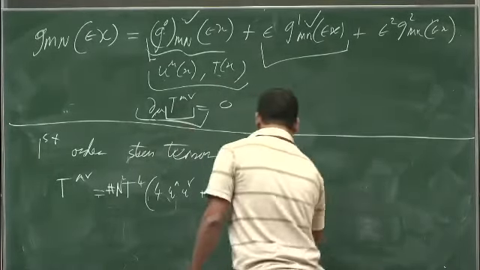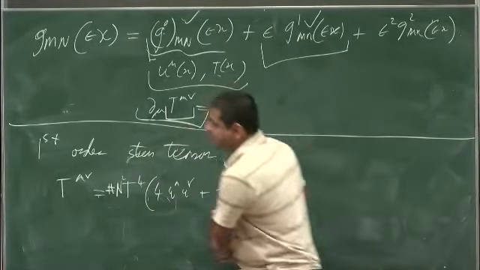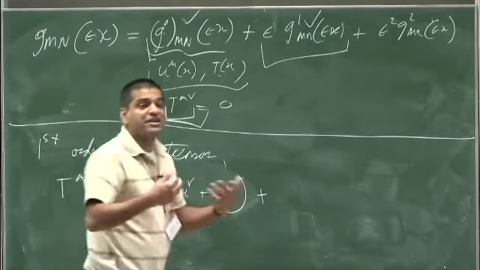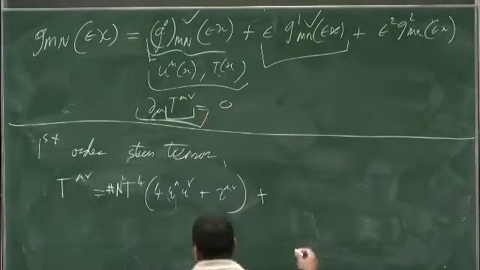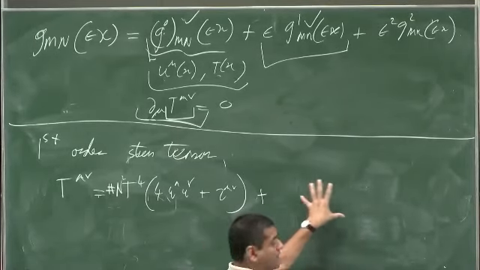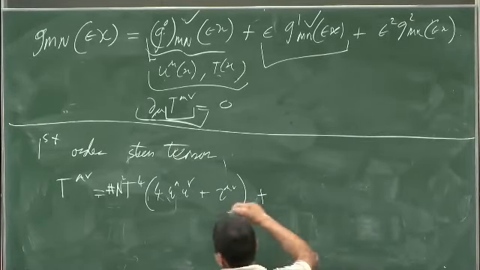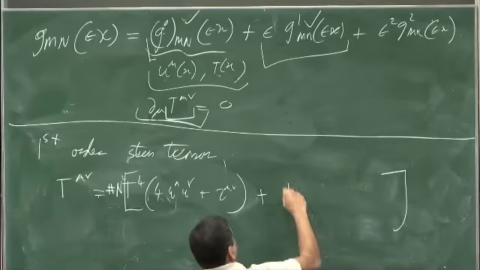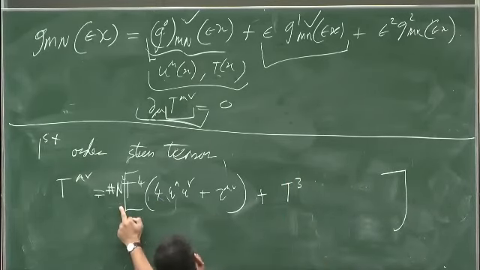But you get a correction. This correction came from G1, this new stuff that we had here. What does that correction evaluate to? It's got to be first order in derivatives. In order to make up dimensions, there has to be a T cubed. There's an overall N squared outside.